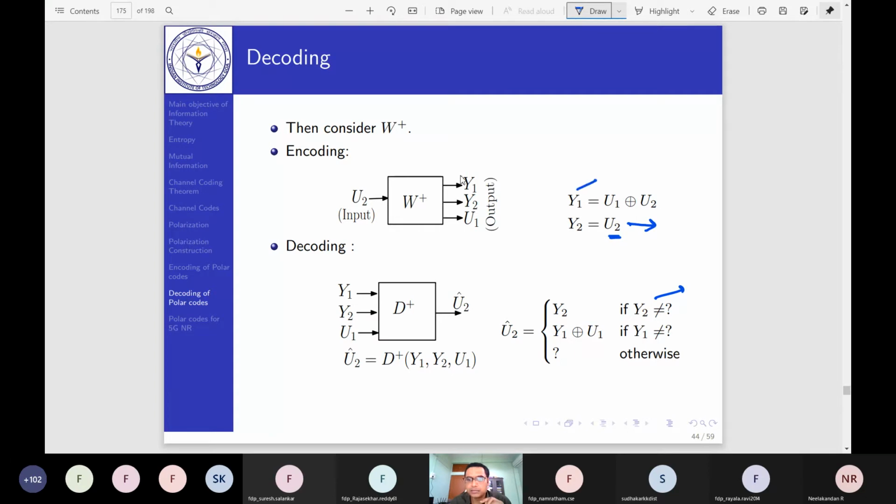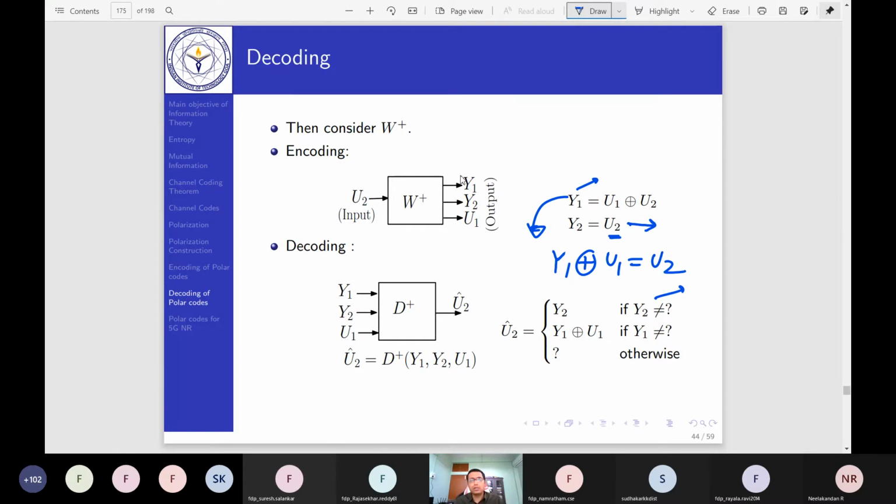If Y1 is not erased, then Y1 plus U1 will be equal to U2 from this relationship. We assume that the first bit is correctly decoded. That's the point. If the first bit is not decoded correctly, then we are in trouble and we cannot analyze the decoder. So depending on the output of the first bit, we perform the decoding of the second bit.